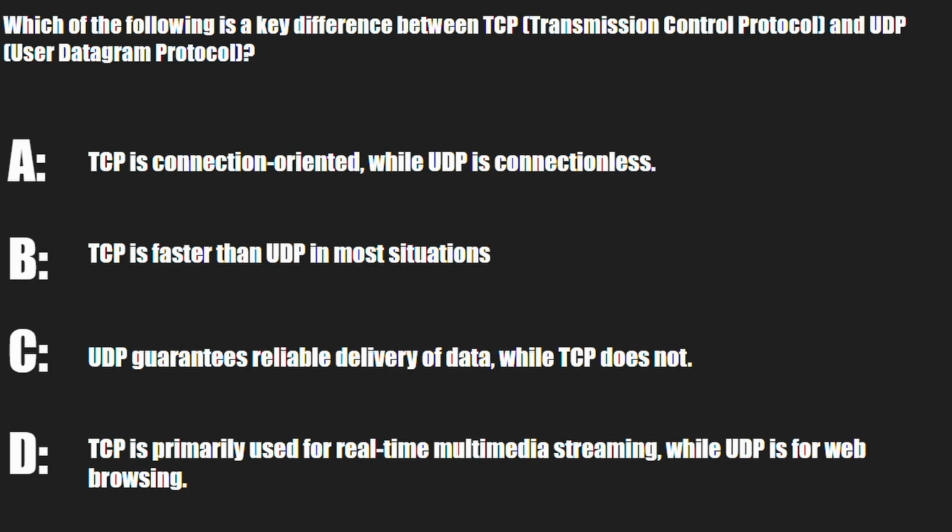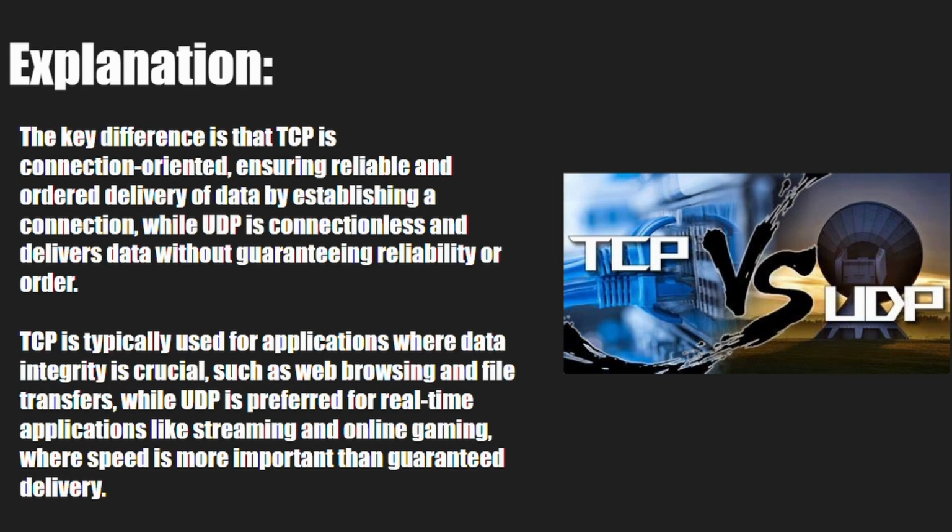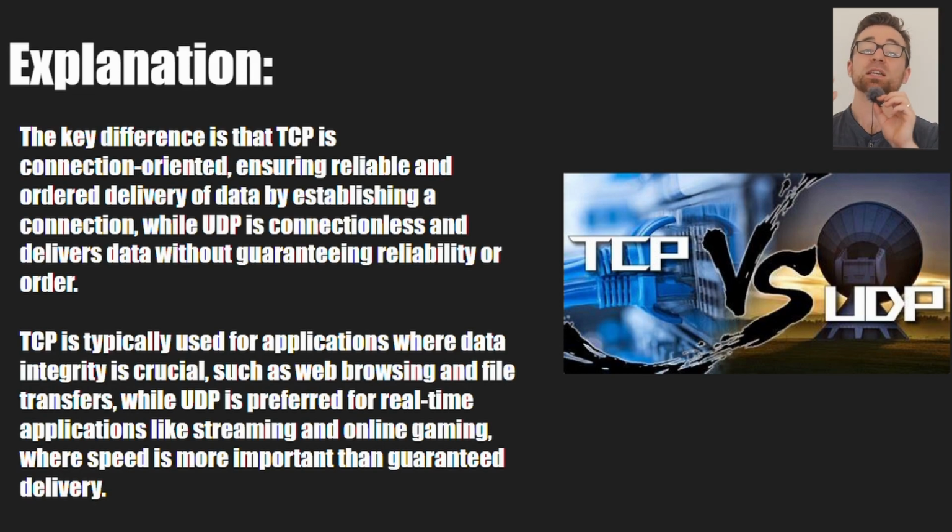And the answer is A, TCP is connection-oriented, while UDP is connectionless. So guys, long story short, TCP is what you use when you want to make sure the other person received your data.